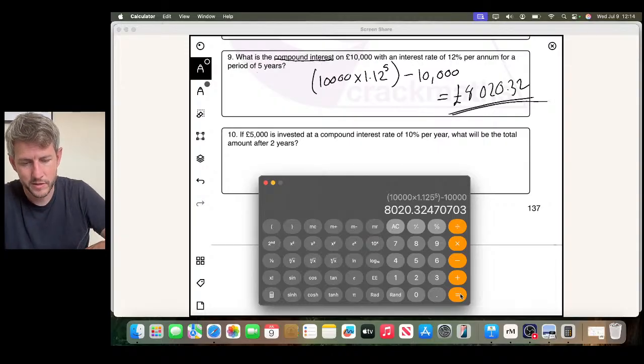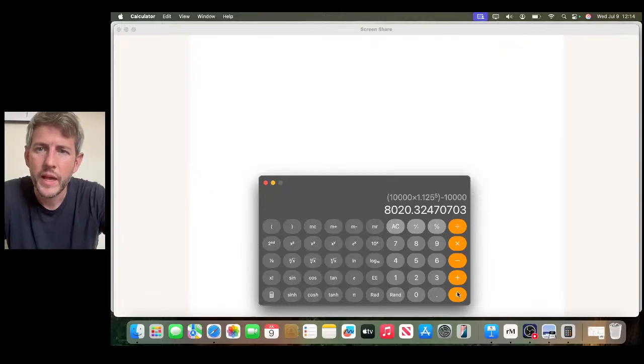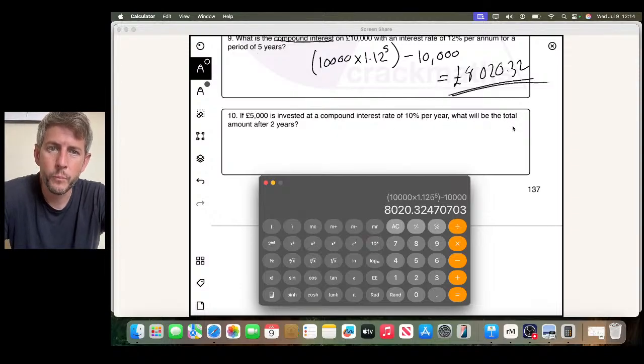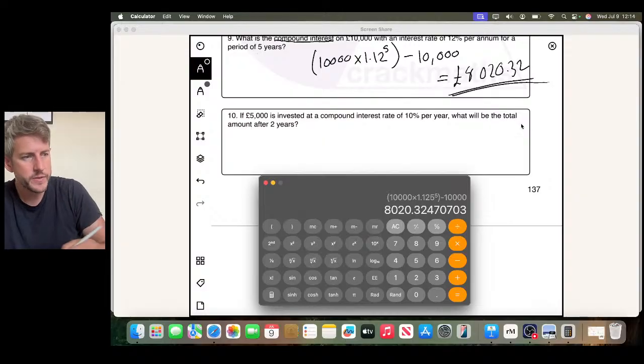Question 10. If £5,000 is invested at a compound interest rate of 10% per year, what will be the total amount after 2 years? Okay, so we're total amounting here.